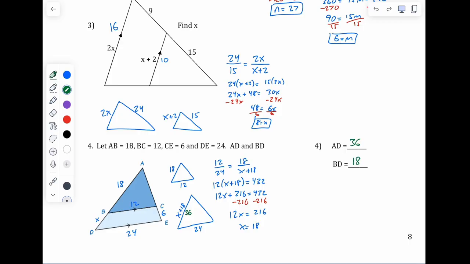But the proportion way always works. So that's why I'm doing these all with proportions. If nothing else, the main thing is to separate the triangles and redraw them. If you don't do that, that's going to lead to mistakes. If you do that, then you can use your own method that makes the most sense to you to get the problem done.